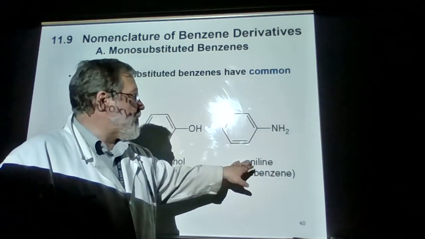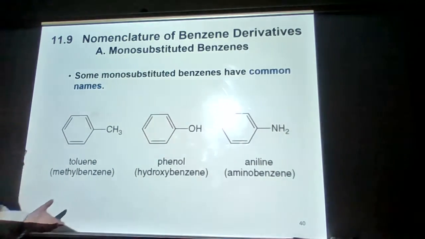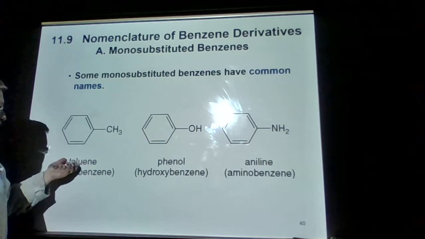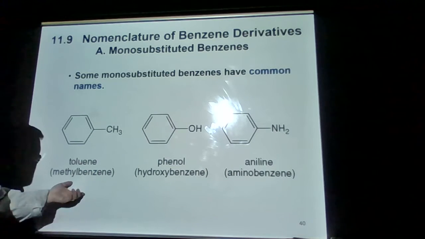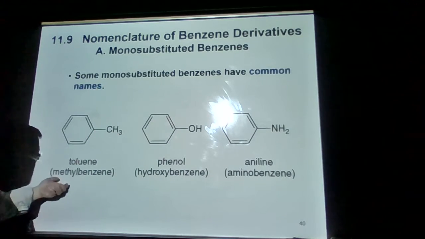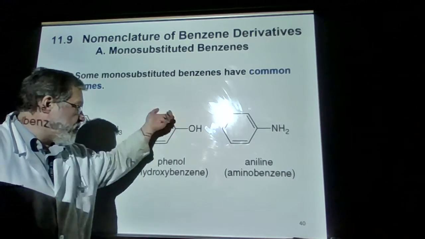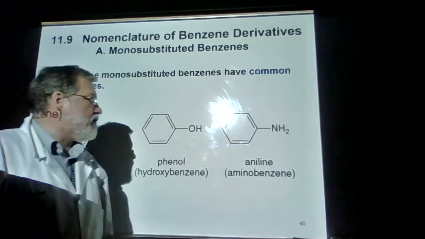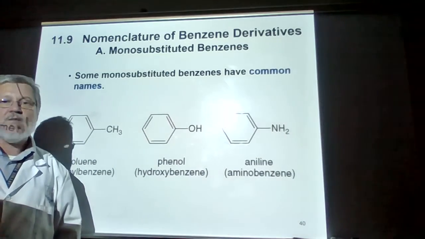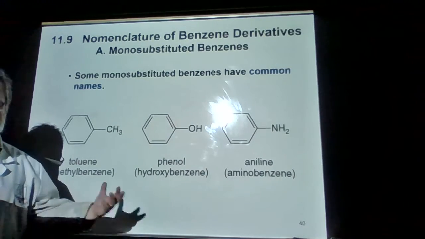The aromatic ring with an NH2 group on there is called aniline. Notice it's not methylbenzene, it's toluene. Technically, the correct name is the single carbon fragment meth, methyl benzene. This technically should be hydroxybenzene. This should be aminobenzene, but they have these names that were given to them in antiquity, and those names have just been brought down through time with no real sense of why this is toluene, why this is phenol, why that's aniline. That's just their names.